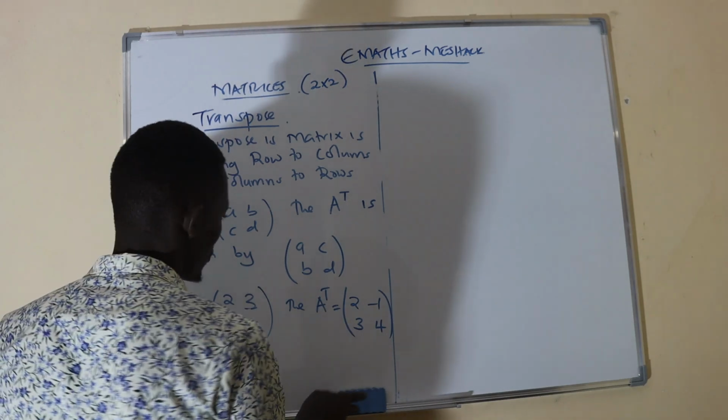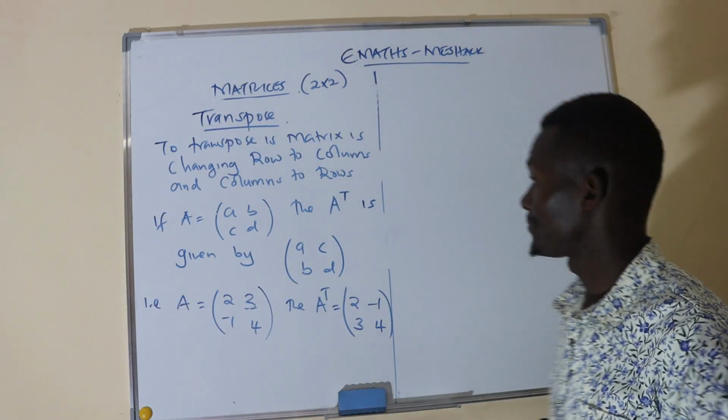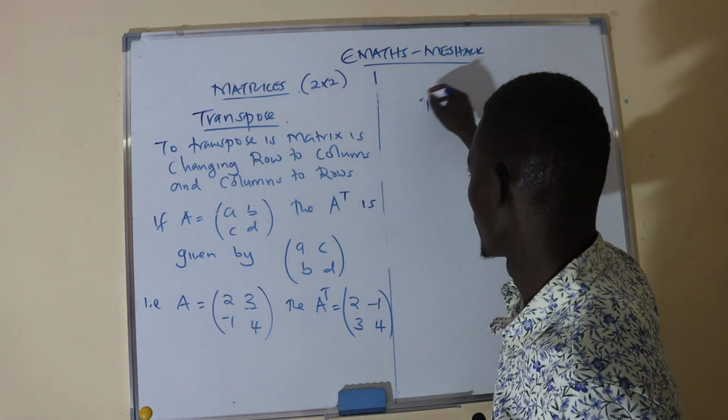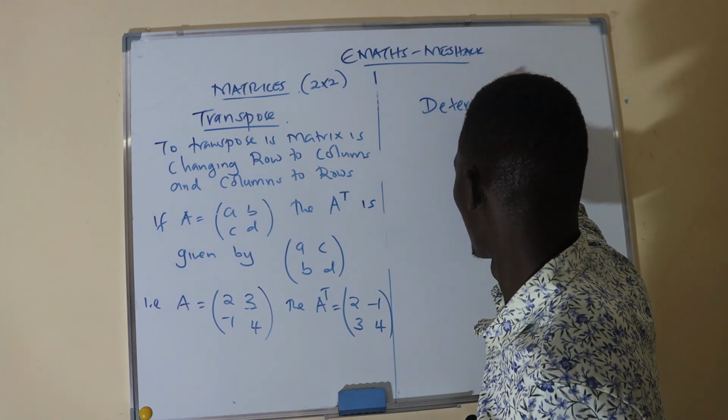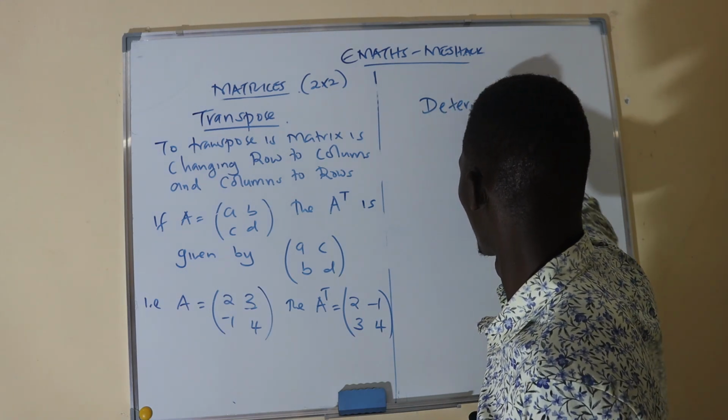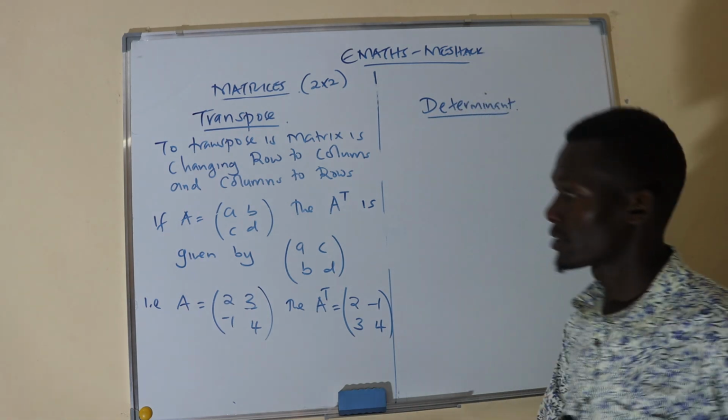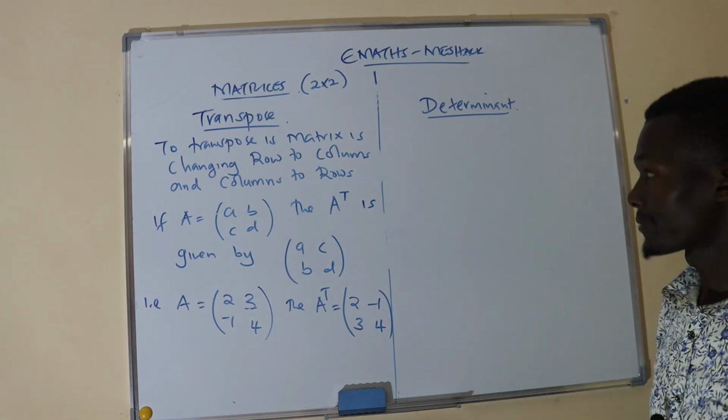Now, having known how to get the transpose of a matrix, let's check something else called the determinant. So we check the determinant of a 2 by 2 matrix.